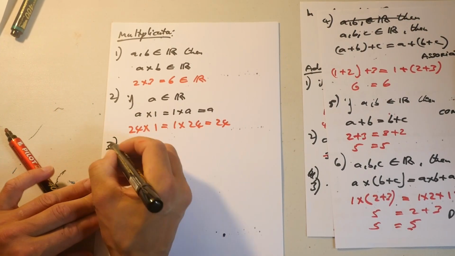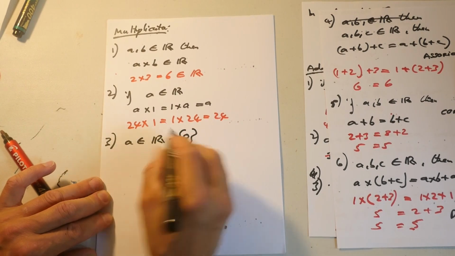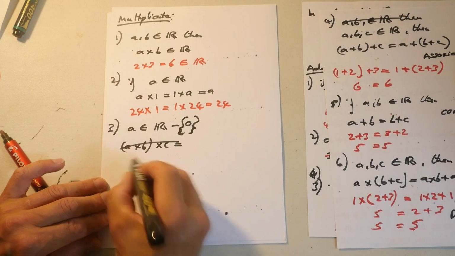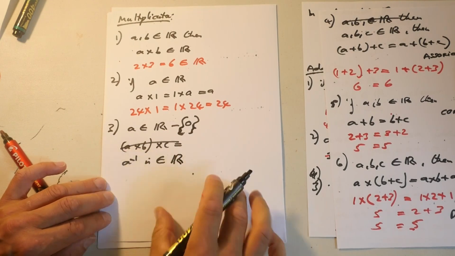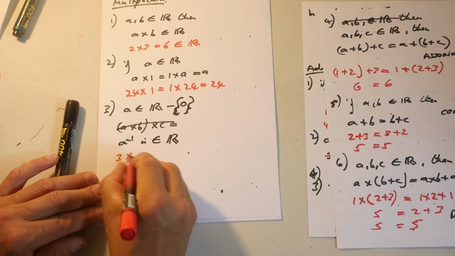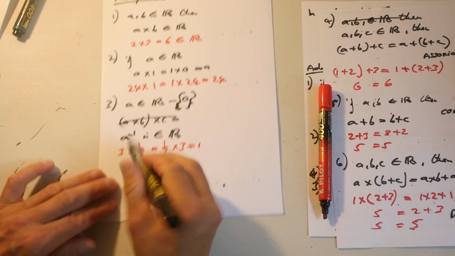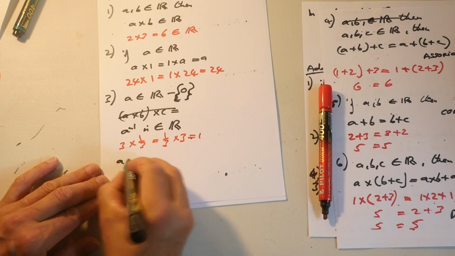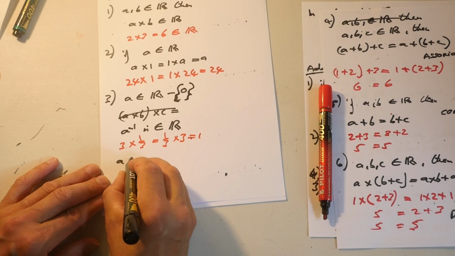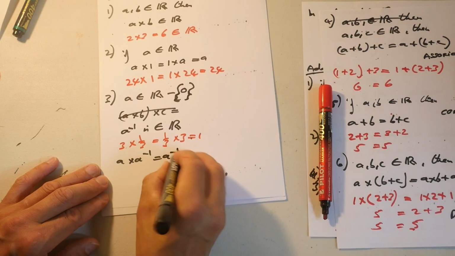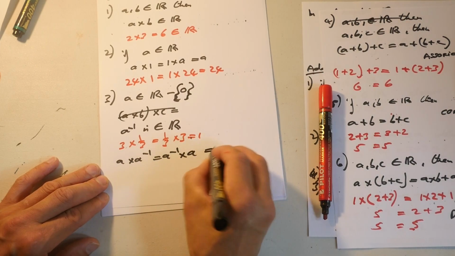3. Okay, so it's basically a times a minus 1 equals a minus 1 times a, which equals 1.